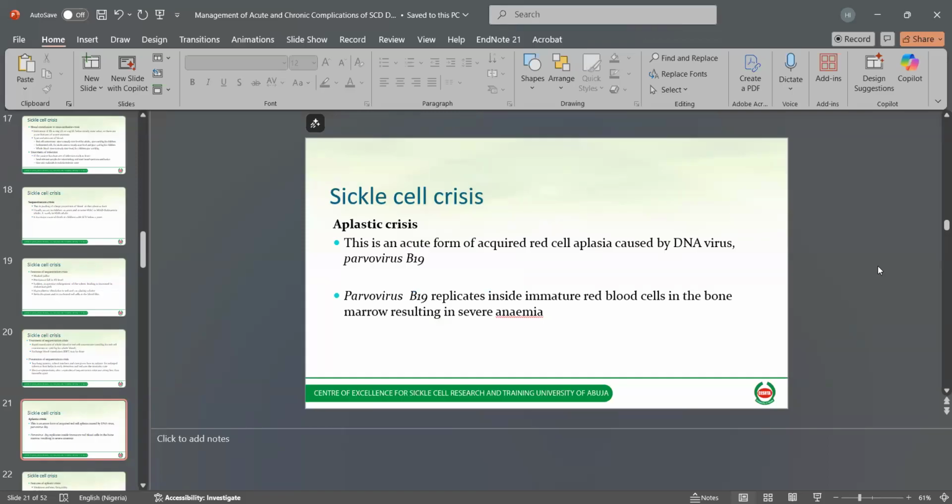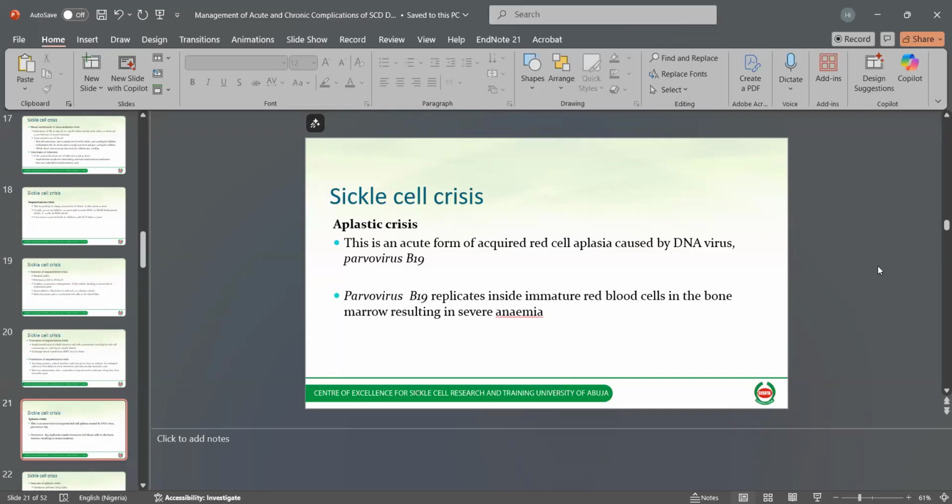Sickle cell aplastic crisis. This is an acute form of acquired red cell aplasia caused by a DNA virus, parvovirus B19. Parvovirus B19 replicates inside immature red blood cells in the bone marrow, resulting in severe anemia.